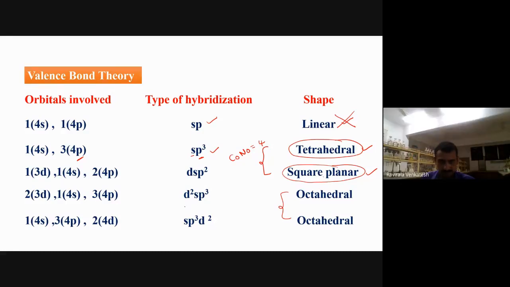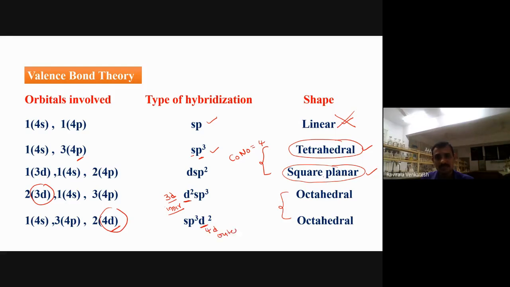Yes. In d2sp3, the 3d orbital, the inner orbital, is involved. In the other case, the 4d orbital, an outer orbital, is involved.